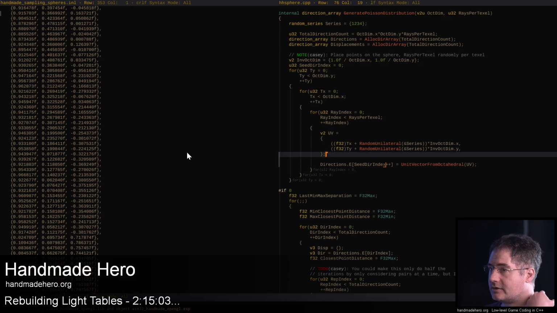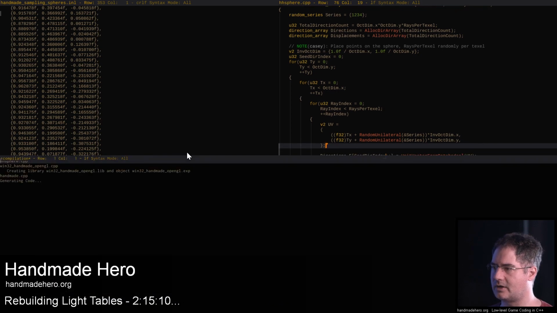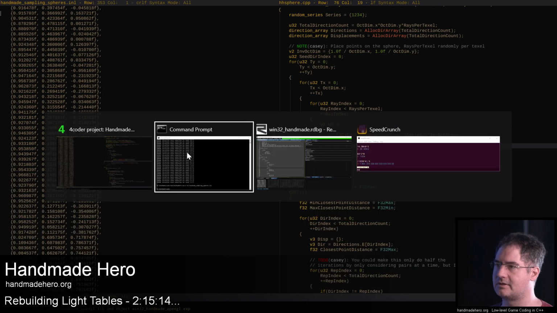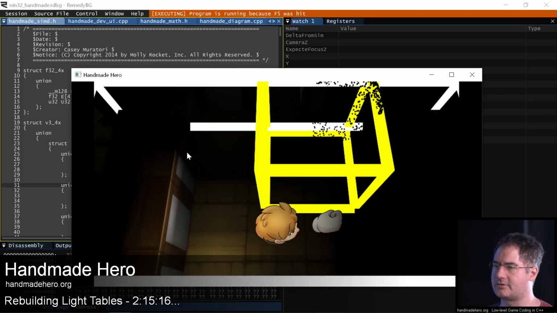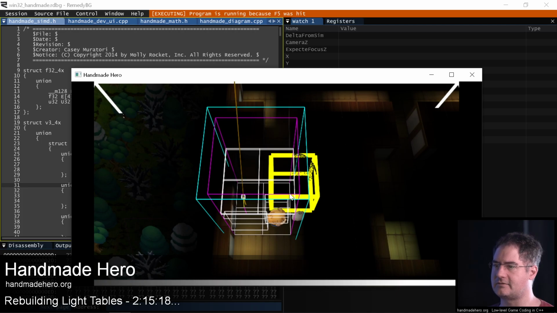So let's take a look. If we now recompile, we'll be compiling with those new values. We can at least look at them on the drawing and see what we have.